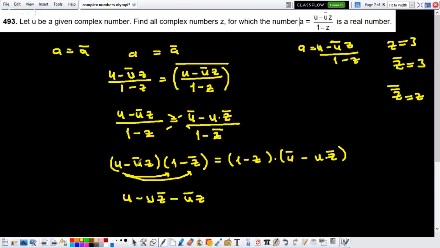And then minus u conjugate z times minus z z conjugate is plus, because both signs are minus, so it's going to be plus u conjugate z z conjugate.